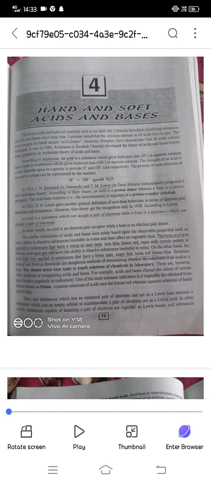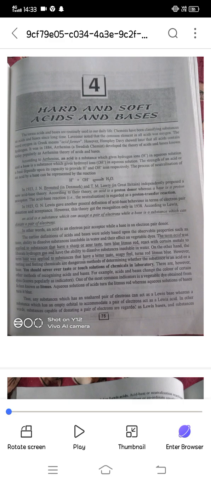It was in 1884 that Arrhenius developed the theory of acids and bases, known today popularly as the Arrhenius theory of acids and bases. According to Arrhenius, an acid is a substance which can give hydrogen ion in aqueous solution, and a base is a substance which gives hydroxyl ion in aqueous solution.